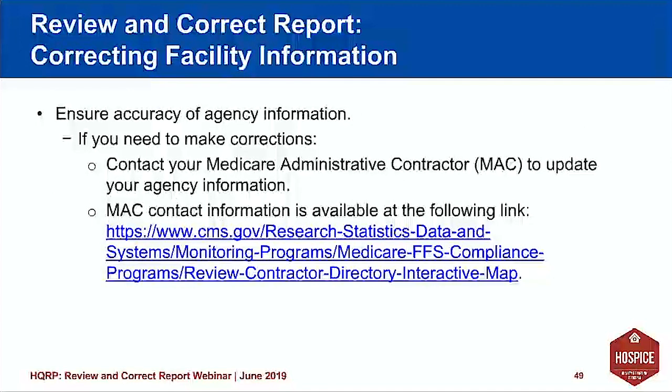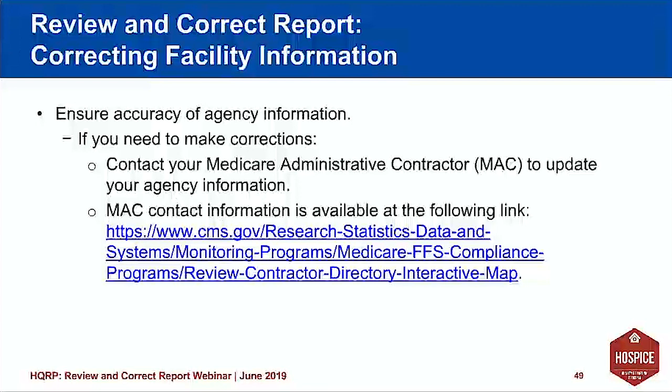So in order to correct your facility information, if you discover that something is incorrect, you need to contact your Medicare administrative contractor, or your MAC, to update your agency information. MAC contact information is available at the link listed here. I just want to explain a little bit. When we ask that you contact your MAC, those are the payment people.